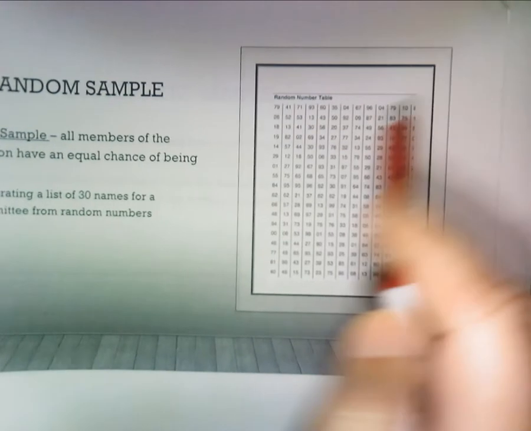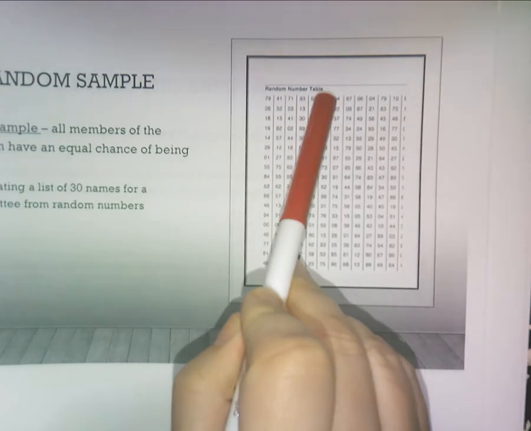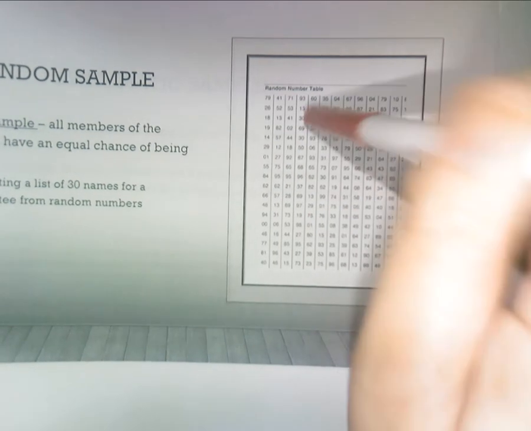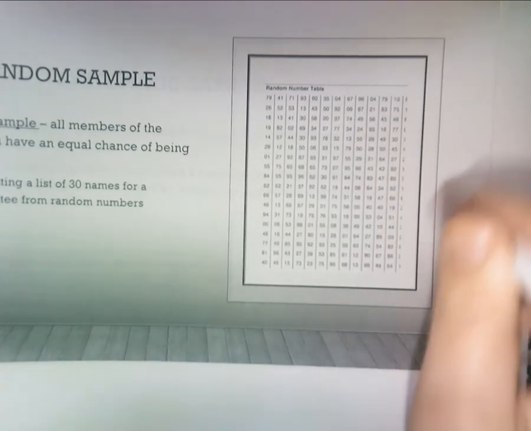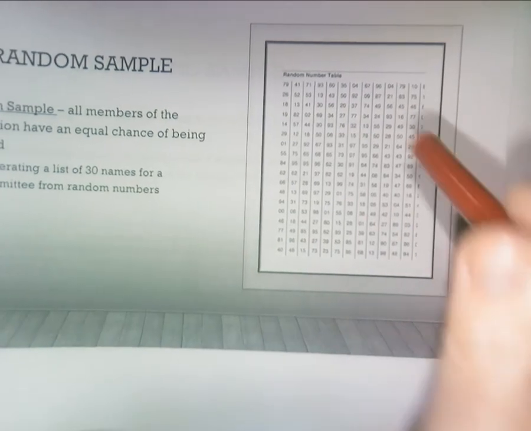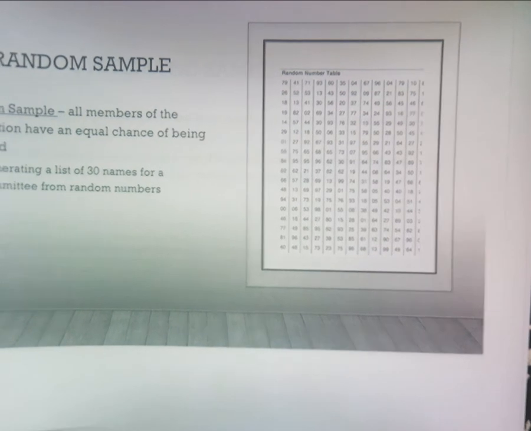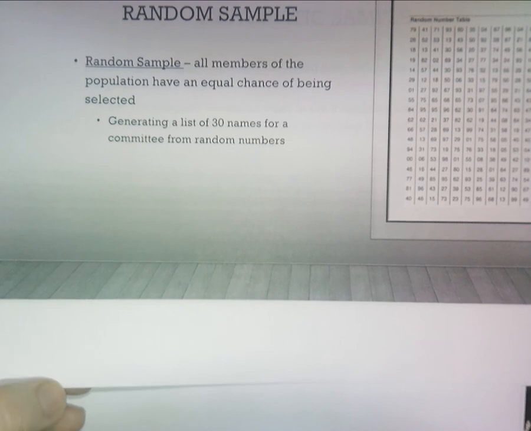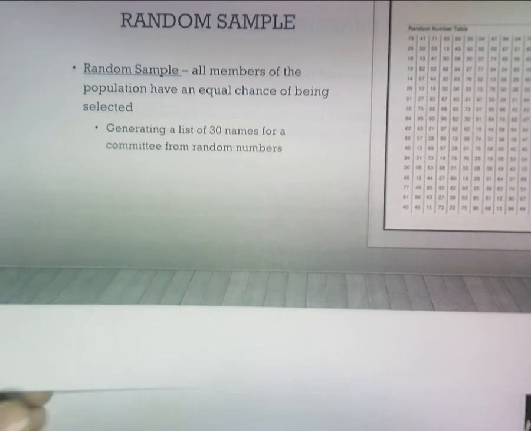They use things like this random number table, and you can pick 30 names and randomly assign them a number. It's for a committee. They just generate random numbers, and they happen all the time. It's just to be as random as you can be. So that's just some examples there.